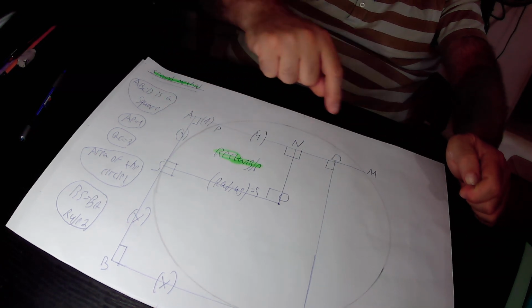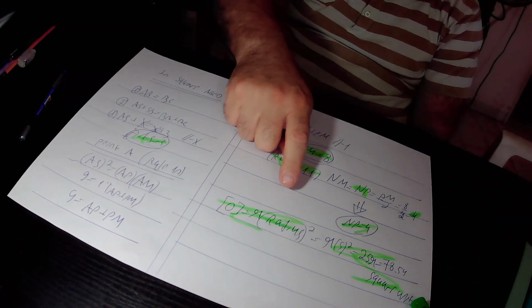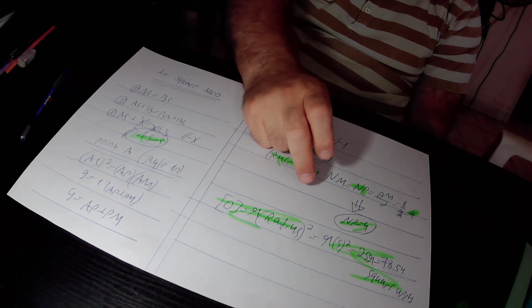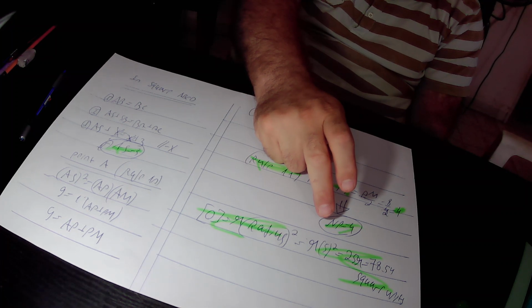Our mission is to find the area of the circle. The area of any circle equals pi times the radius of the circle squared. The radius of our circle is 5, and the radius squared is 5 squared.